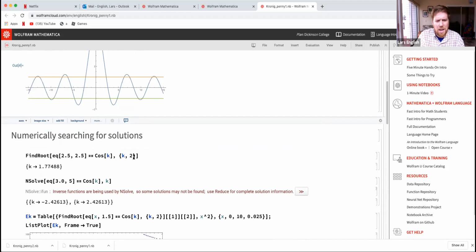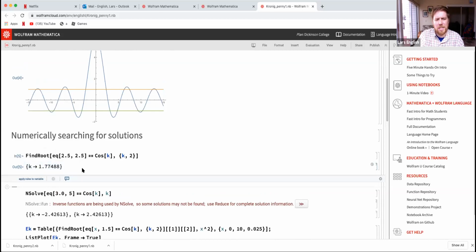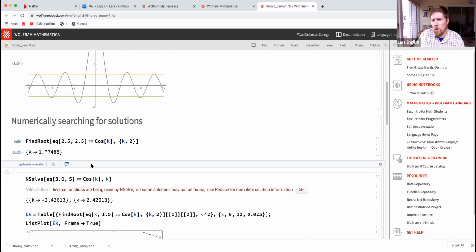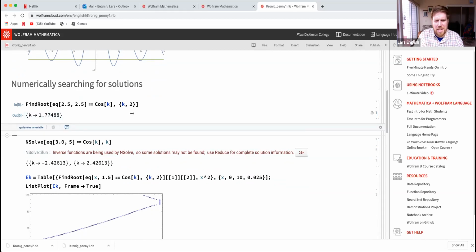When I use the FindRoot command, it does need you to specify an initial guess, and I set the initial guess to 2 here. When I do that, it very quickly gives me an answer, namely that k is equal to 1.77488. So it finds one solution that's near k equal to 2. There should be another solution, but it doesn't find that. So that's one command that is quite robust, but it does rely on you providing a first guess.